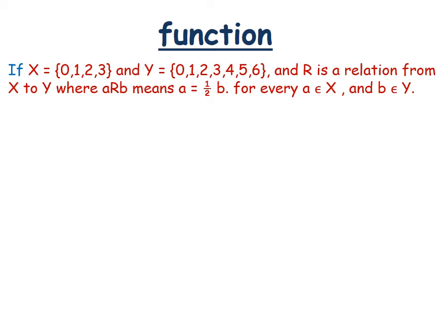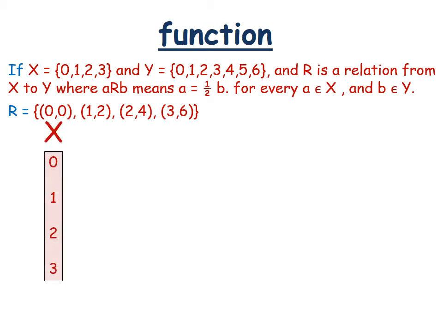Okay, so I will have R equals (0, 0), (1, 2), (2, 4), (3, 6). Those are all the ordered pairs satisfying the relation A equals half B. And I will illustrate it by arrow diagram like that.